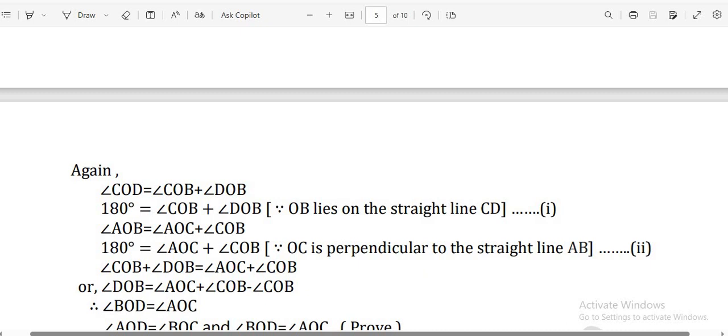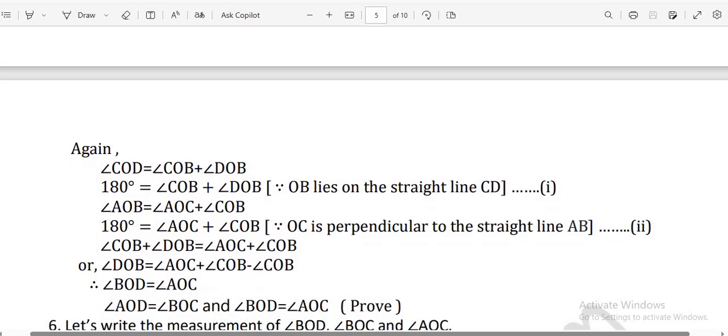Again, now when we observe the above diagram, angle COD is equal to angle COB plus angle DOB. We can say 180 degrees is equal to angle COB plus angle BOD, as OB lies on the straight line CD.